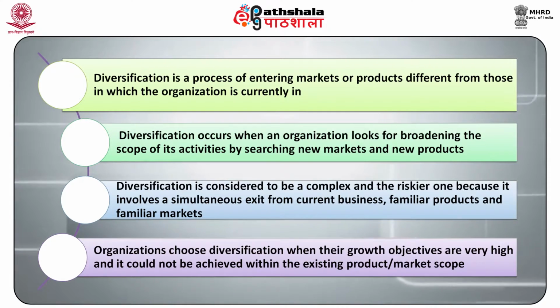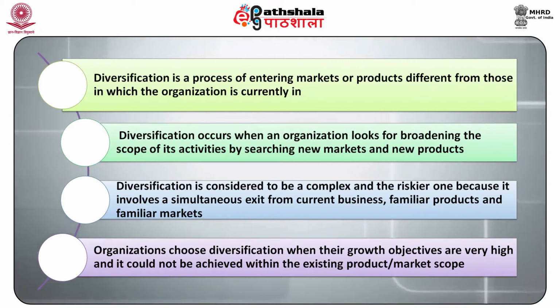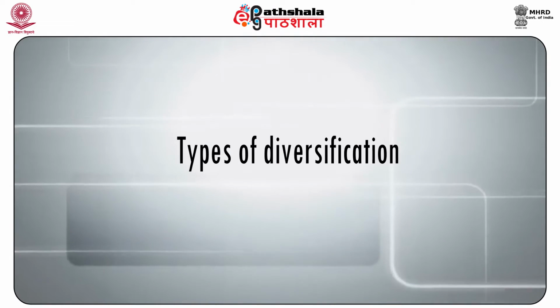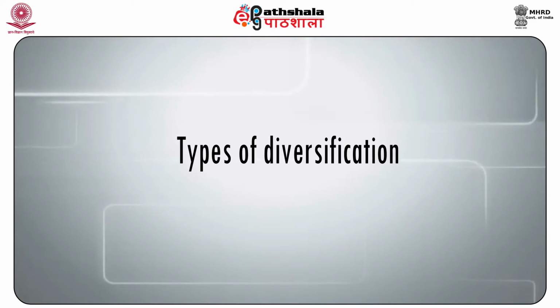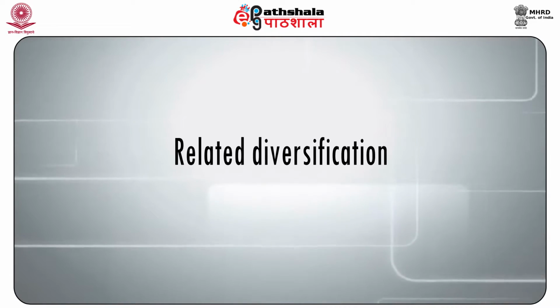Now, an organization has to choose diversification when their growth objectives are very high and could not be achieved within the existing product or market. Types of diversification. One is related diversification.